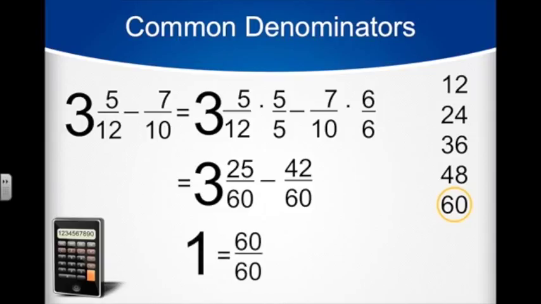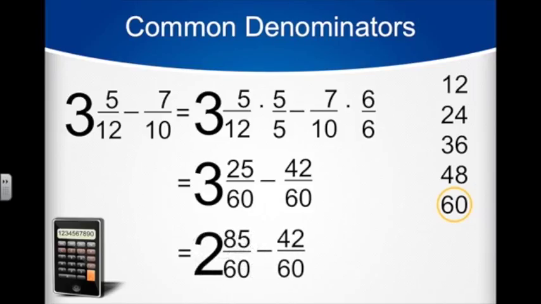Since 1 is 60 over 60, we could take 1 from the 3 and combine it with the 25/60 in order to get a positive numerator for our fraction. 25 plus 60 is 85, so we could now have the problem written as 2 and 85/60 minus 42/60.